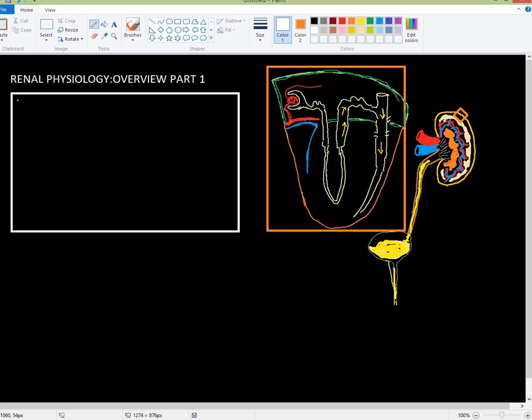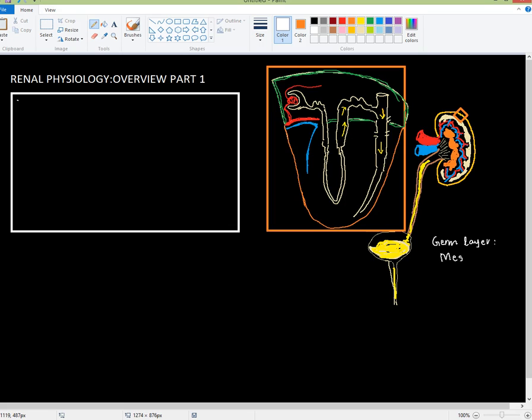So the kidneys originate from the germ layer called mesoderm.